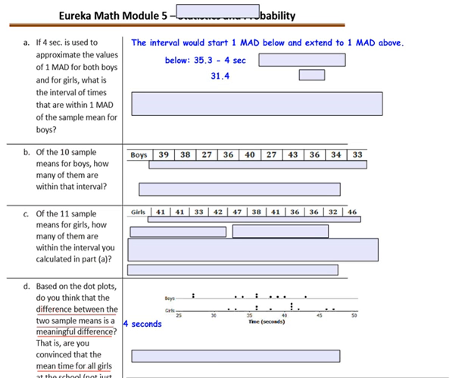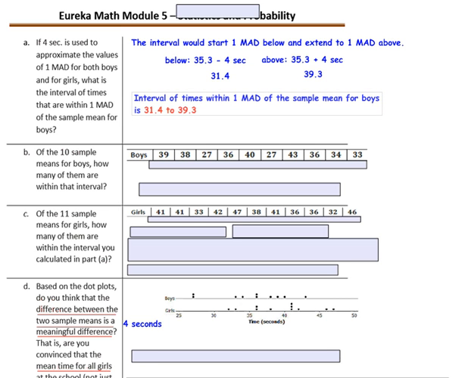And then above would be 35.3 plus 4 seconds. So you subtract 4 seconds to find the lower part of the interval, and you add 4 seconds to find the upper end of the interval, which is 39.3. Again, you start with the mean, and then you subtract the MAD, and you add the MAD.